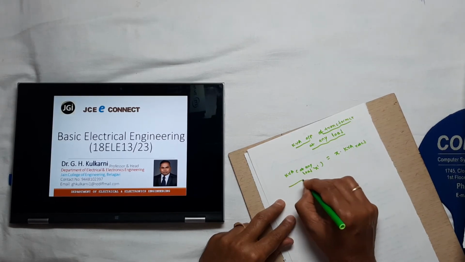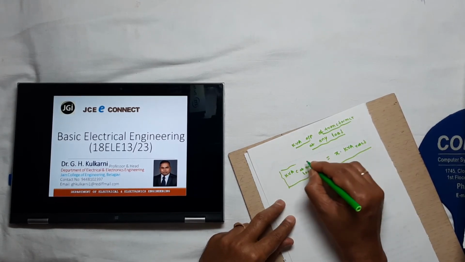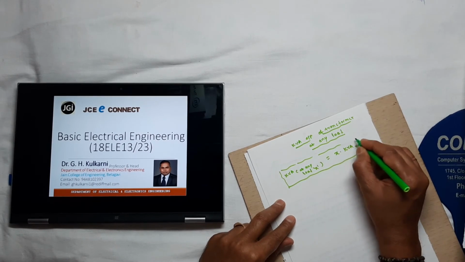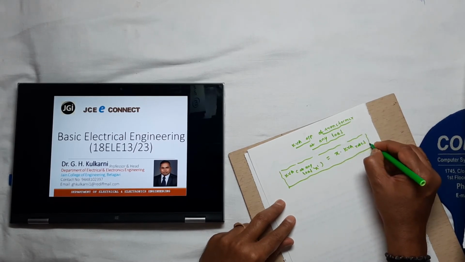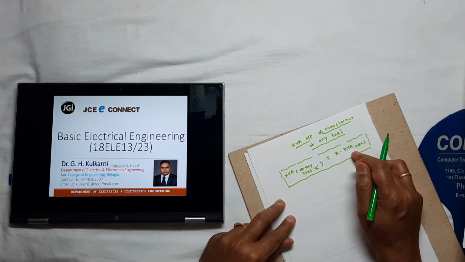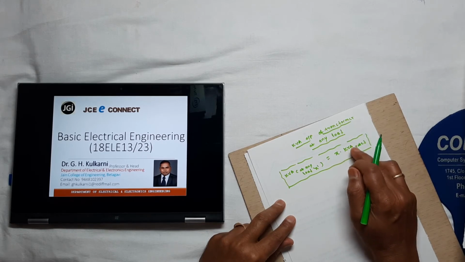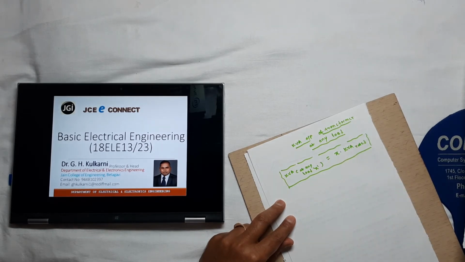That is the relation we are expressing. That is, the volt ampere output of the transformer depends upon the load. If the load is half, then kVA is reduced by half. If the load is reduced by 3/4, kVA is also reduced by 3/4.